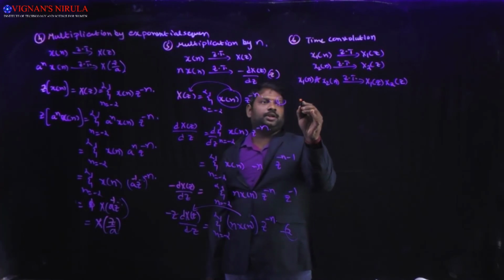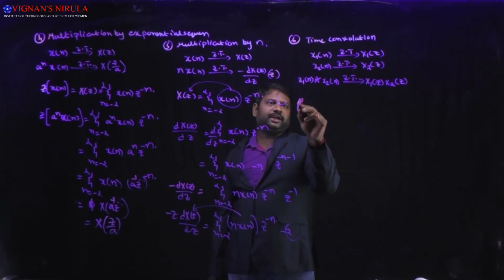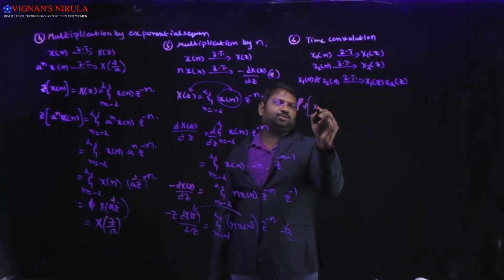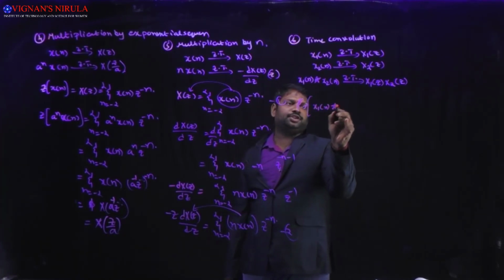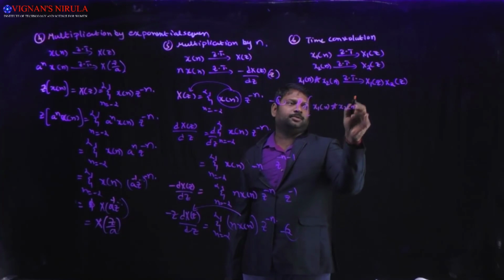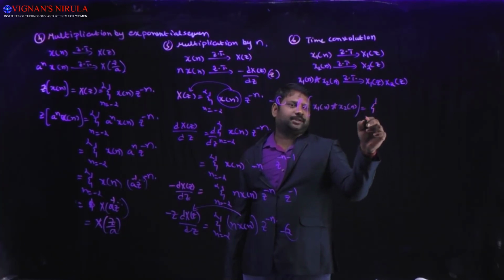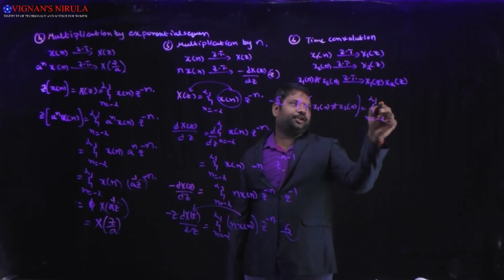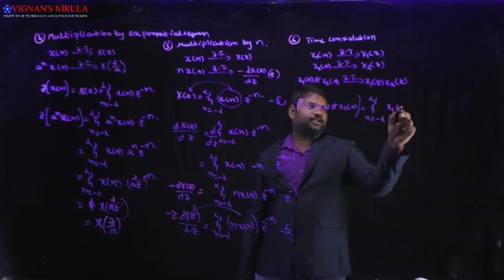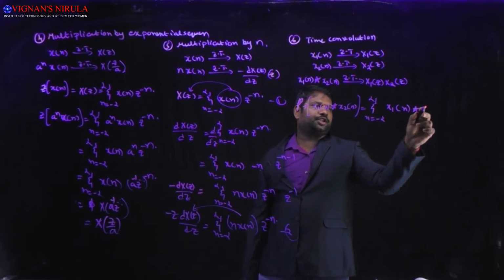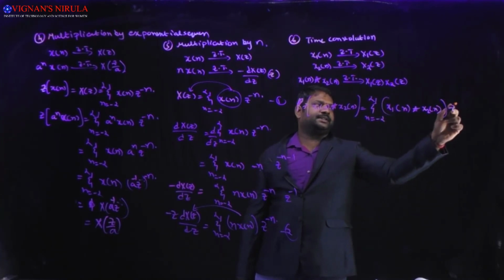For that, I am directly taking the proof. That is the z transform of x1 of n convolution with x2 of n, which is given as summation n varies from minus infinity to infinity x1 of n convolution with x2 of n into z power minus n.